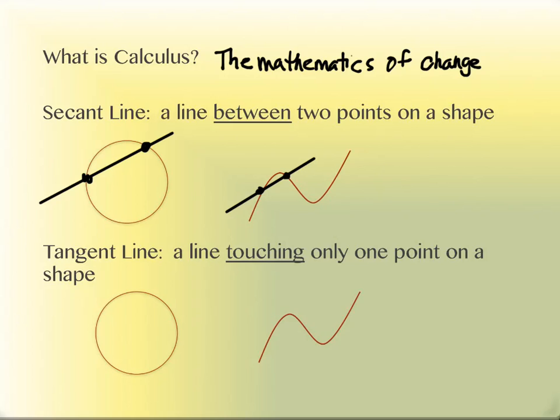So if you imagine a ball, like a basketball or a globe or something like that, and you put a piece of wood laying against it, it would touch it exactly at one particular point on that ball, or that globe. That's a tangent line, or at least a visual perception of what a tangent line would look like in 3 dimensions. So on a circle, it would look something like this.